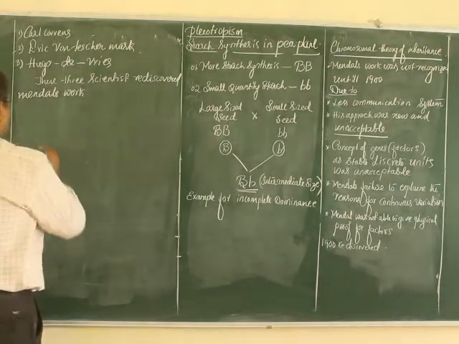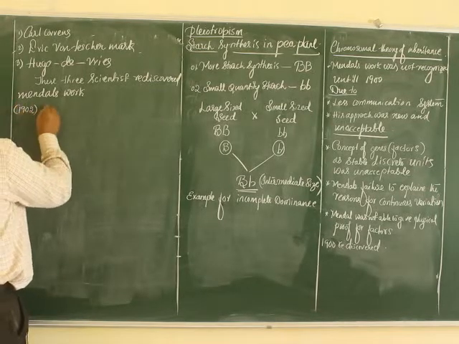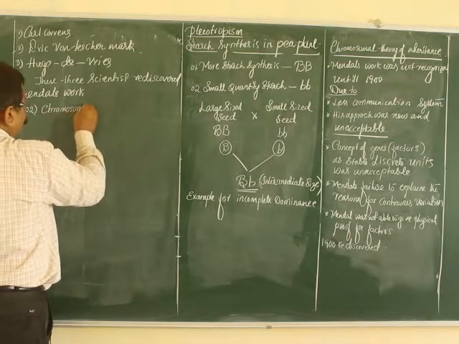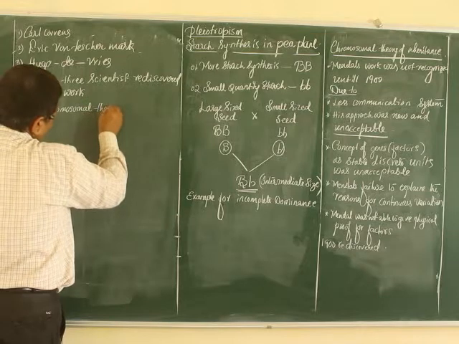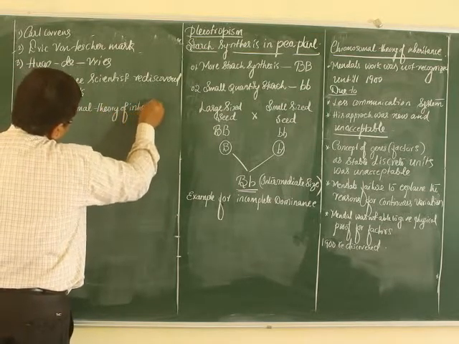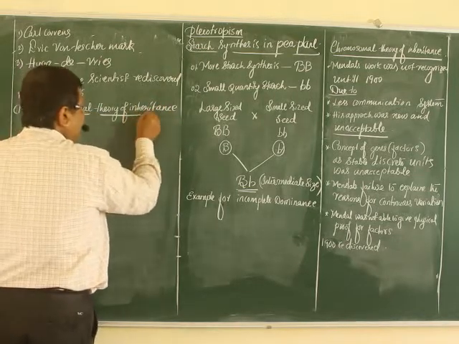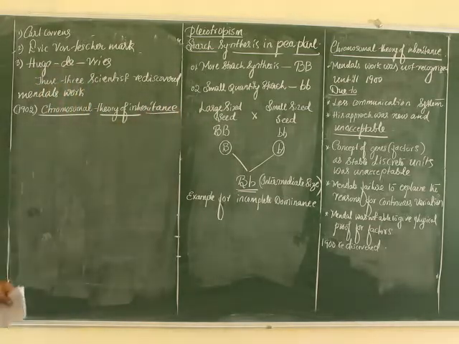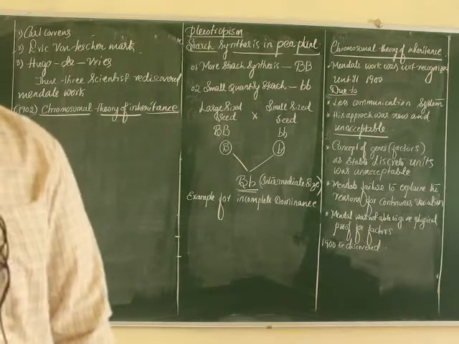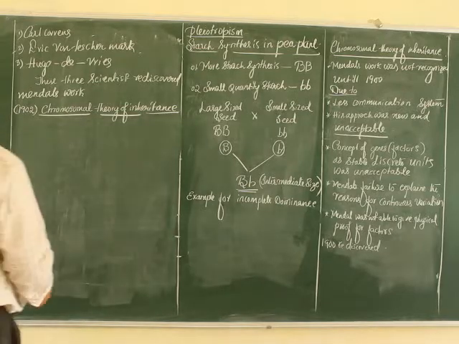Now, in 1902, the chromosomal theory of inheritance was put forward in the field of biology.